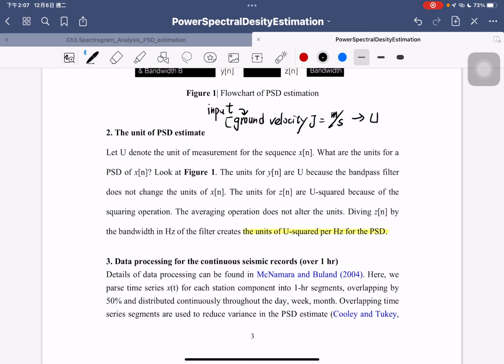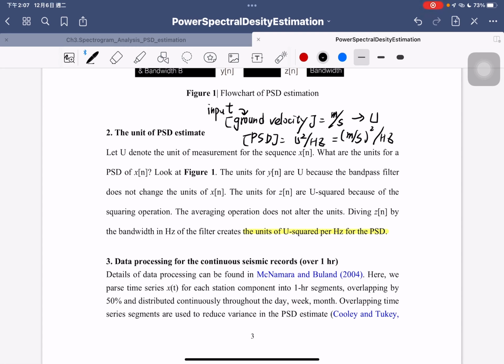And the power spectrum density dimension will equal to U squared per hertz. And right now my U input data here is meters per second, so we take the square and divide by hertz.